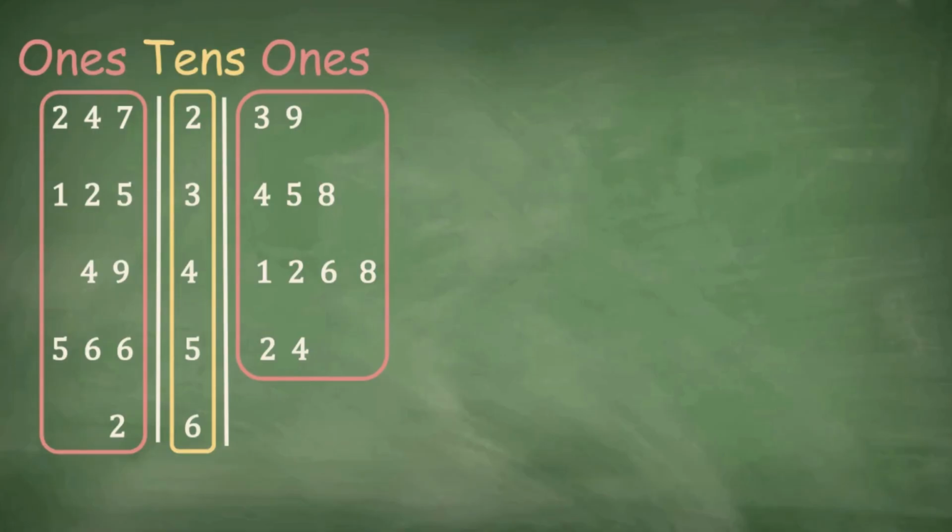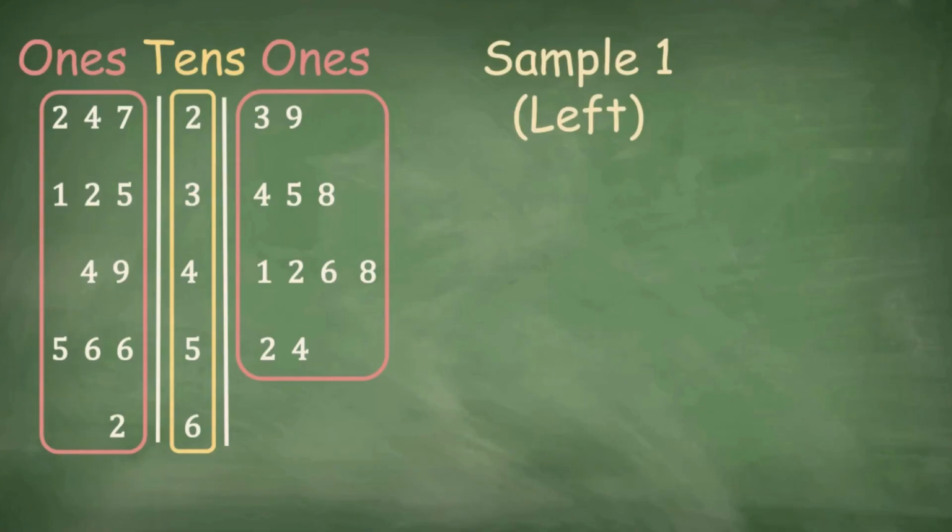So the values of sample 1 would read like this. We see there's a tens of 2 and a ones furthest to the left of 2 in the top row. So that would read 22. Then we would see there's another tens of 2, but this time it has a ones place of 4, 24.